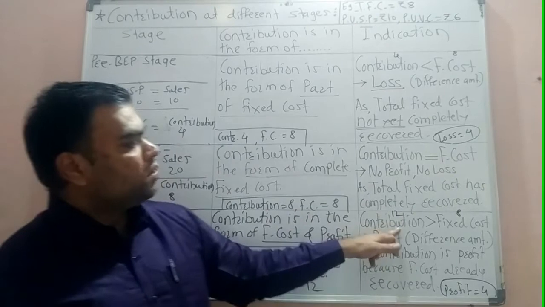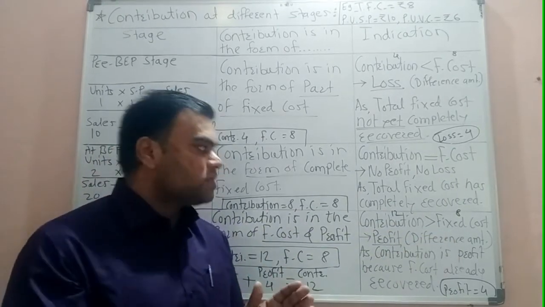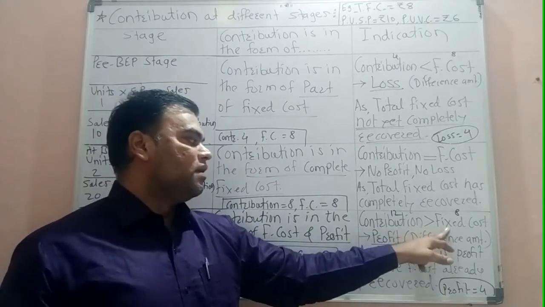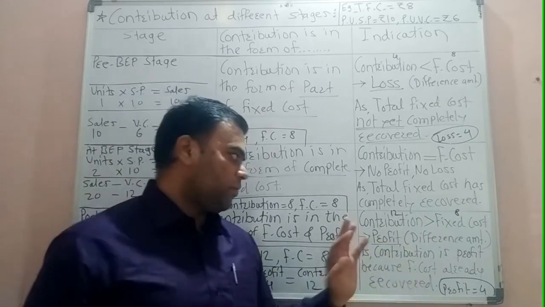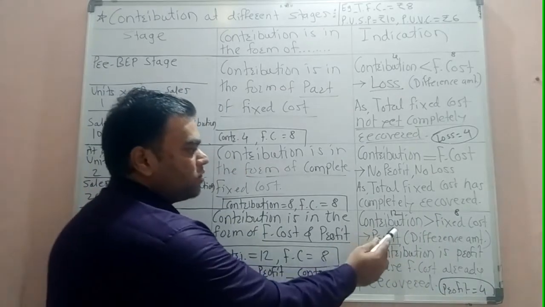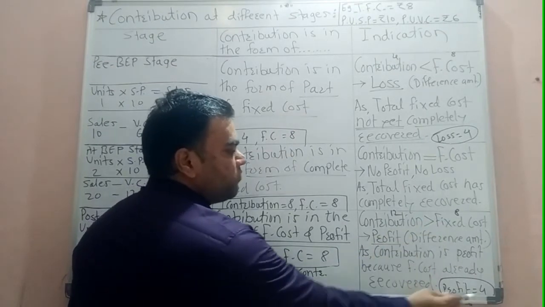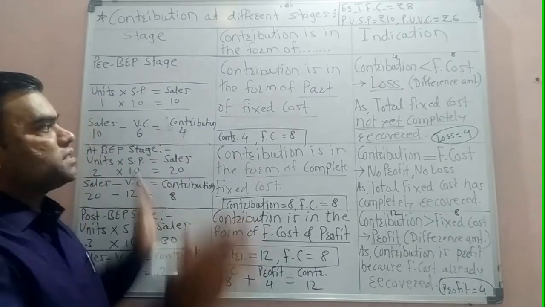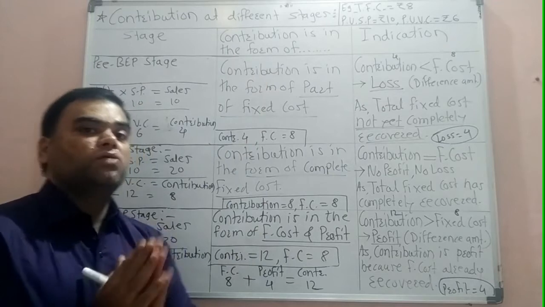But if our contribution is greater than fixed cost, we have already recovered fixed cost and now we are earning, so the difference amount will be the profit. We can see 12 is the contribution, fixed cost is 8, so the difference of 4 rupees is a profit.